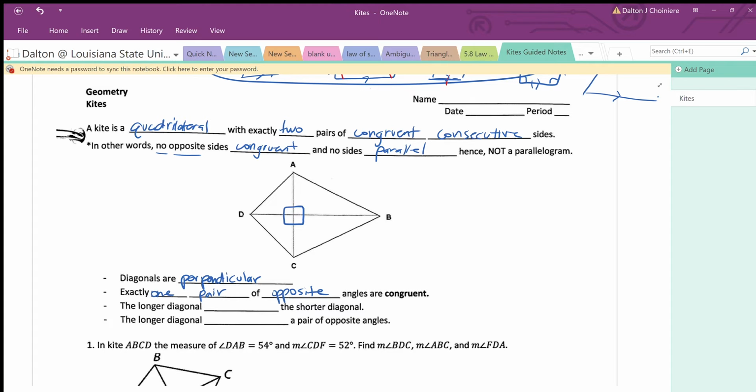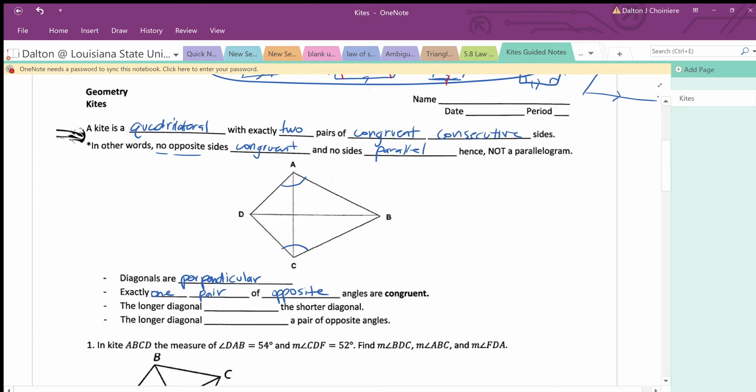What I want you to notice is if I look at angle B, do you notice how that's an acute angle? And then if I look at angle D, do you see how this is actually bigger than 90 degrees? Therefore, those angles are not the same. So in this particular kite, we're going to say that angle A is congruent to angle C.